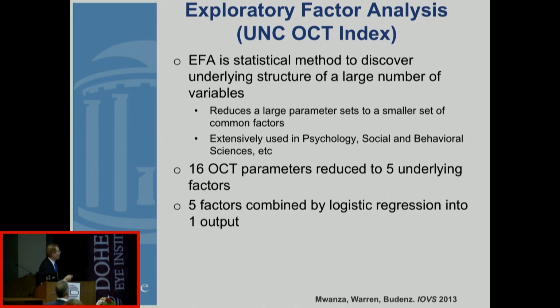And so the way to do that is to take all the parameters that I showed you in a large group of normals and glaucomas and do an exploratory factor analysis to sort that dilemma out.